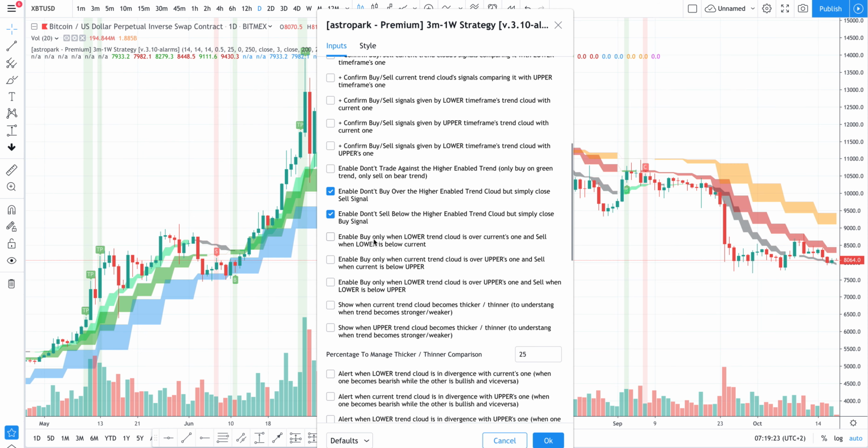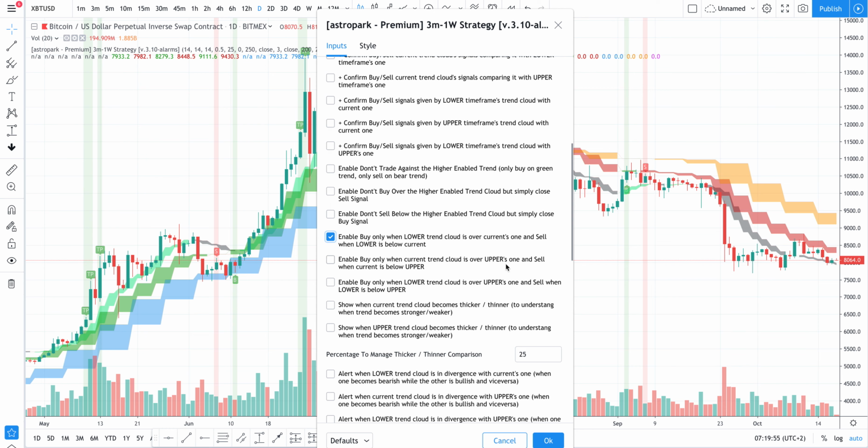Also, we have this option: enable buy when the lower trend cloud is over the current one and sell when the lower is below the current. This is just the opposite of these options. A customer asked me this, for a good reason.